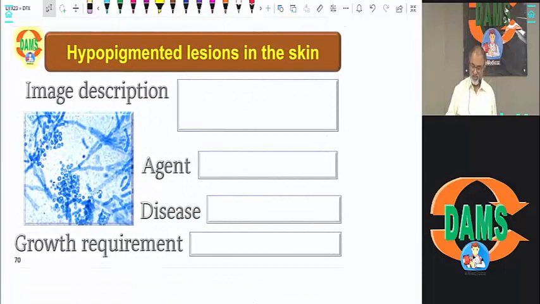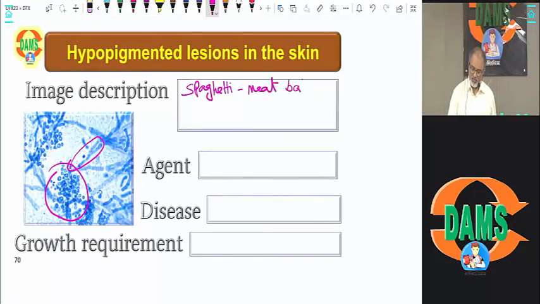Hypopigmented lesions in the skin. Image description, what is it? Banana grapes or spaghetti meatball appearance.